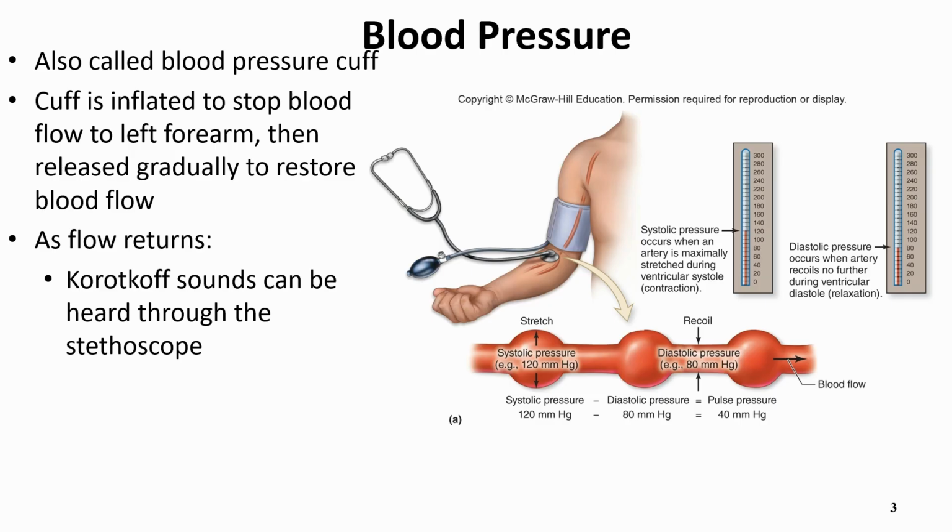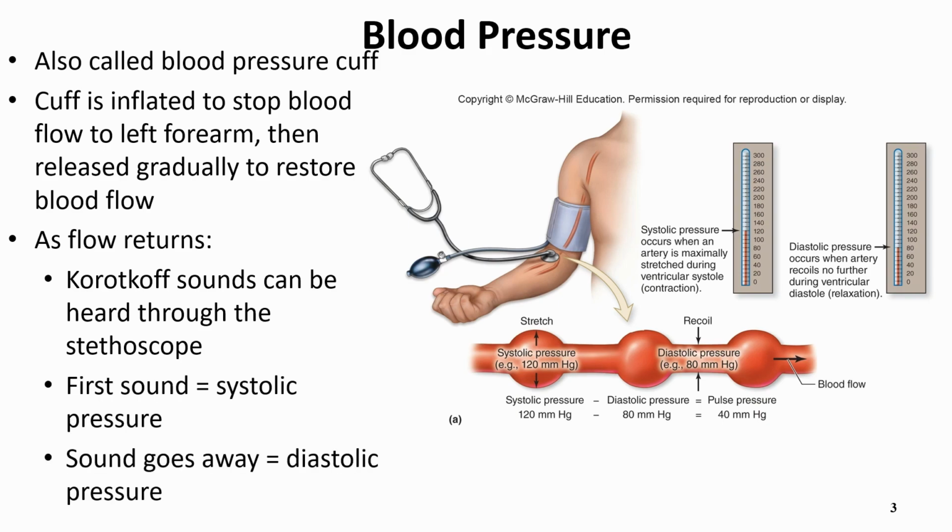The pressure in the cuff has just gone below the systolic pressure, so you hear that first sound there. And then as you keep releasing the pressure, eventually you get to a point where you no longer can hear anything. And that point corresponds with the diastolic pressure. So when you measure that, together, that gives you a systolic and diastolic pressure. We did this in the lab.